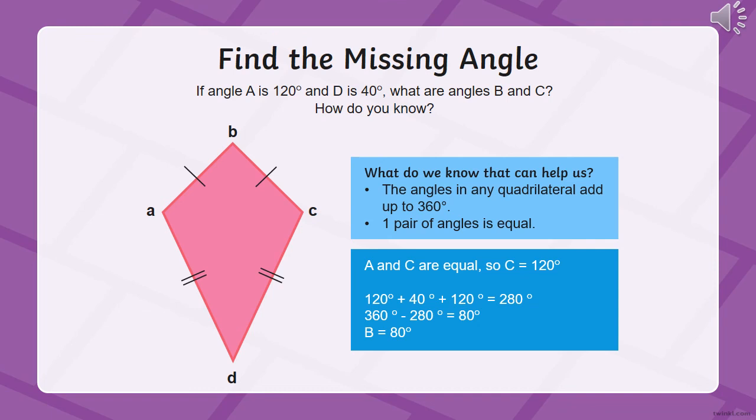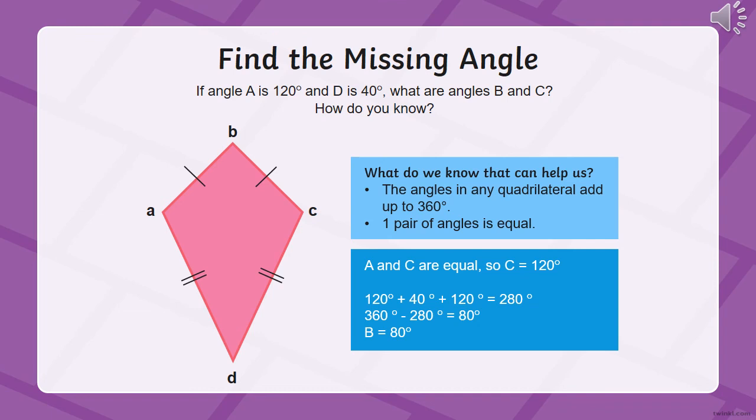So if A is 120, C is 120. We now know that A, D and C add up to 280 degrees.